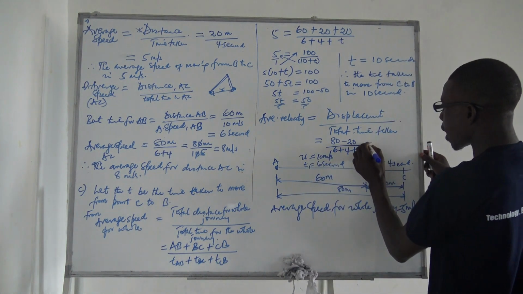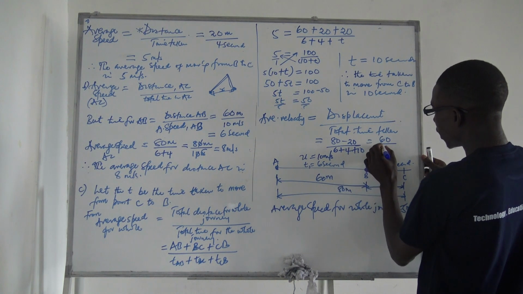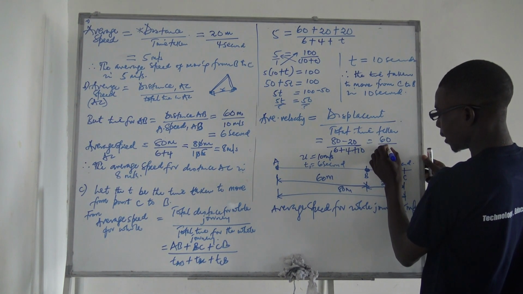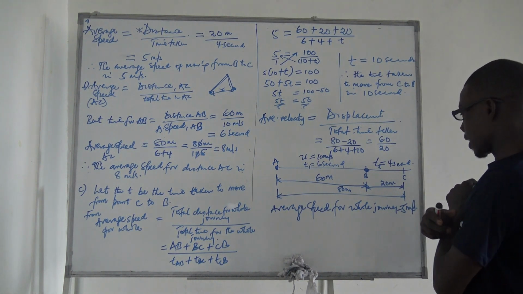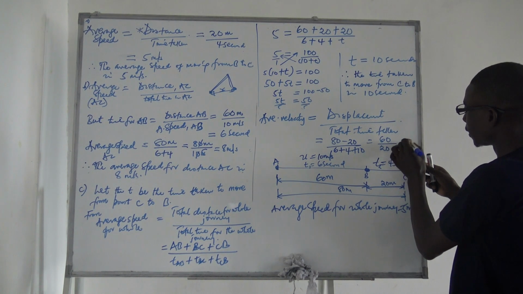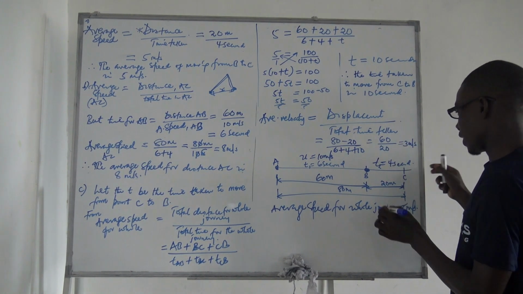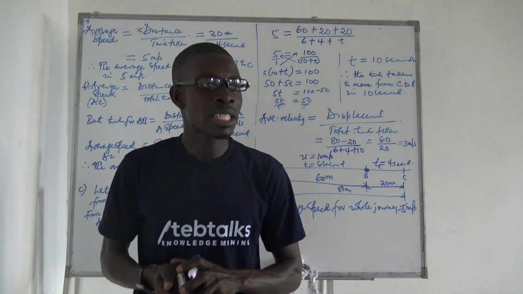And now that will give us 60 out of 20. If you add that plus that, you'll come up with 20. And this goes away, it will result into 3 meters per second. Is that okay? So the average velocity is 3 meters per second.